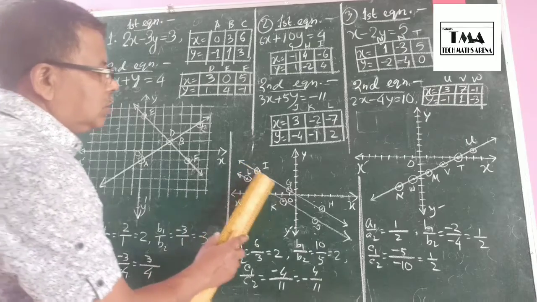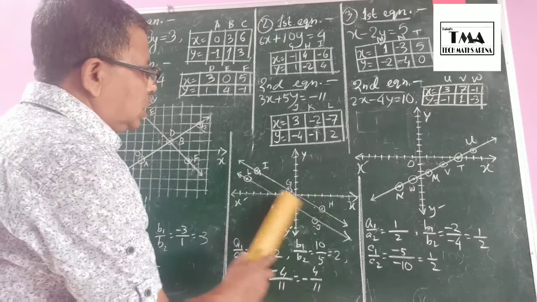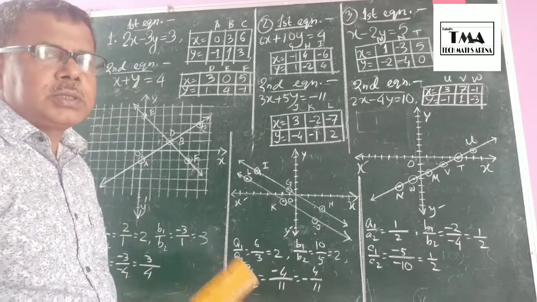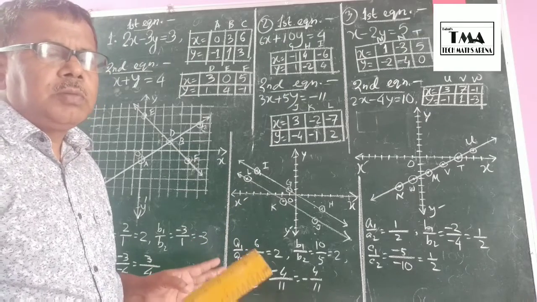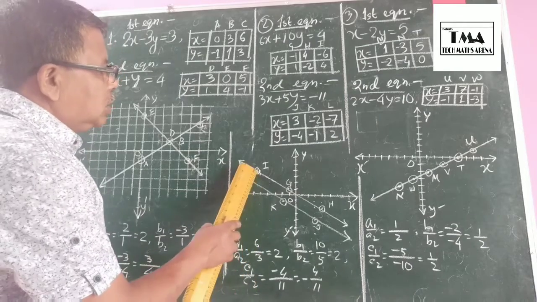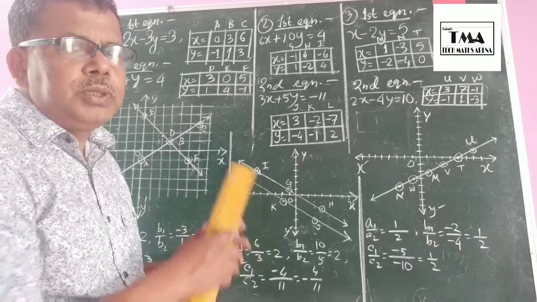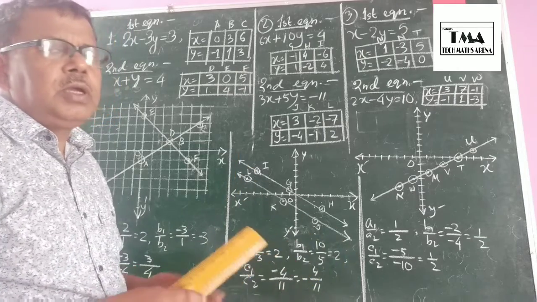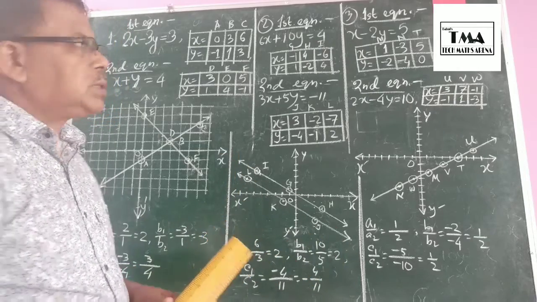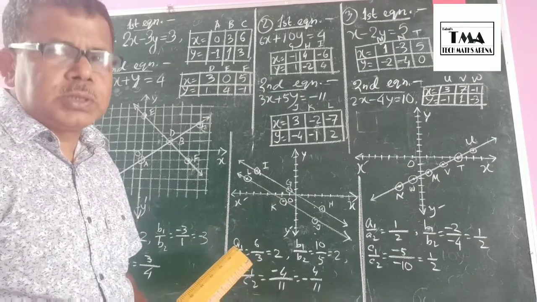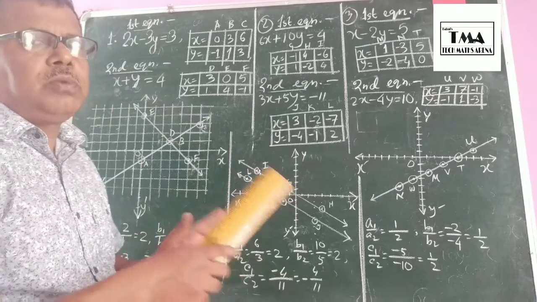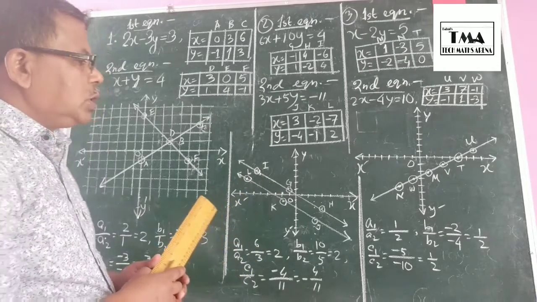And here we have seen that the two straight lines never intersect at a point, which means they are parallel. Since there is no common point of these two lines, there will be no solution, and such equations are called inconsistent equations, meaning they have no solution.